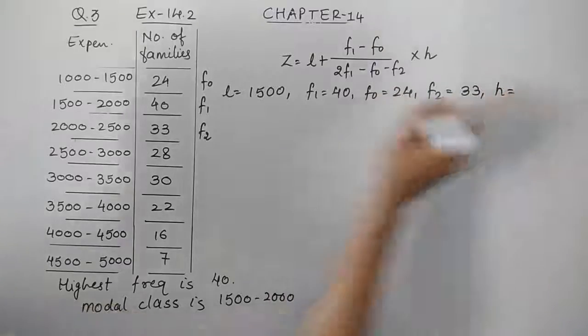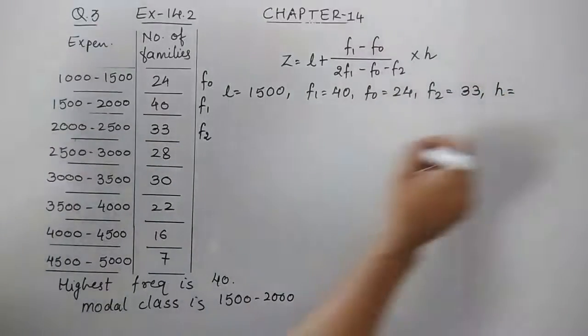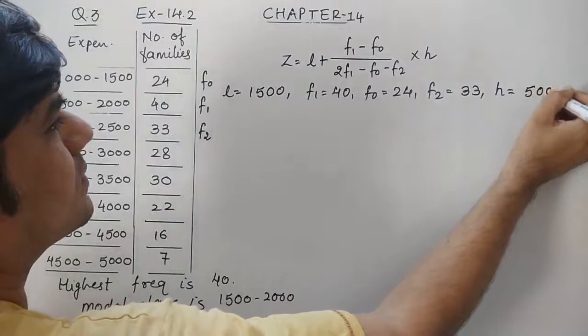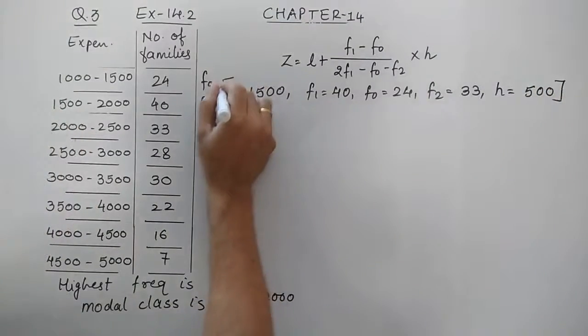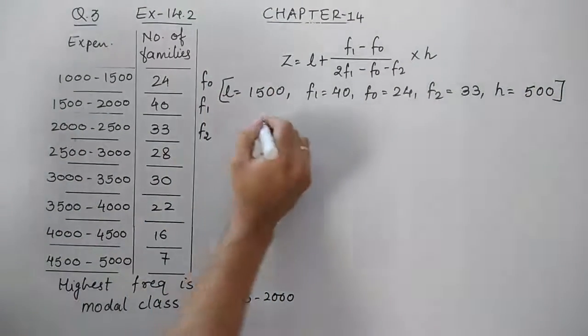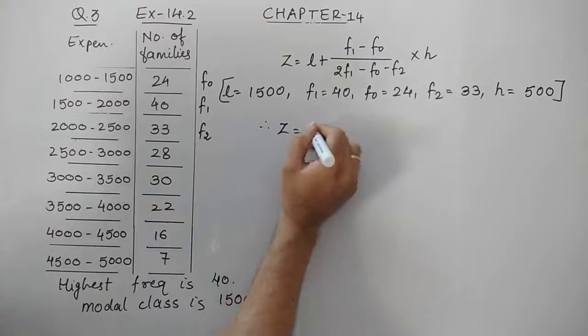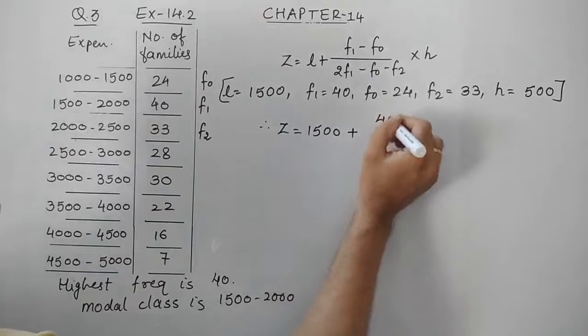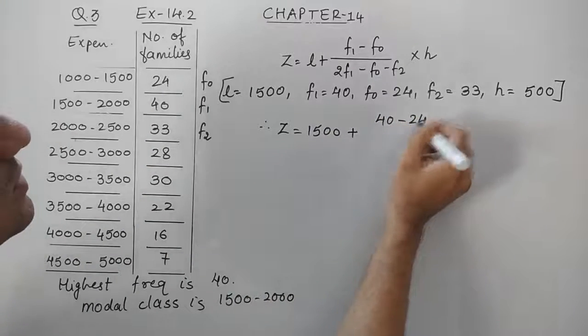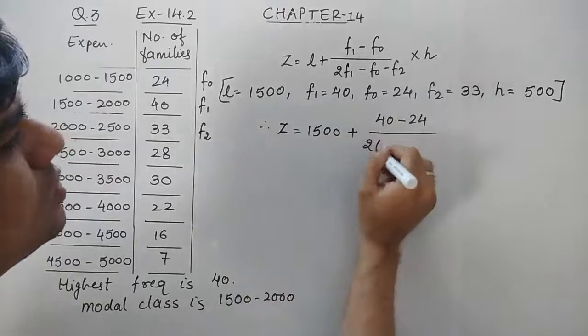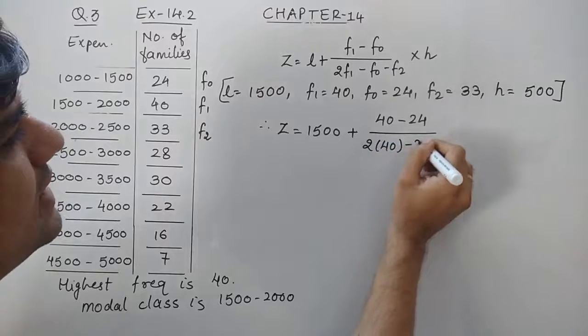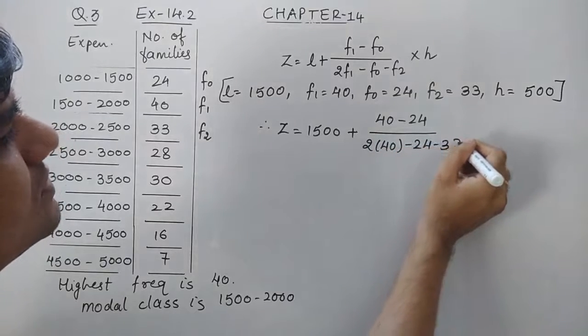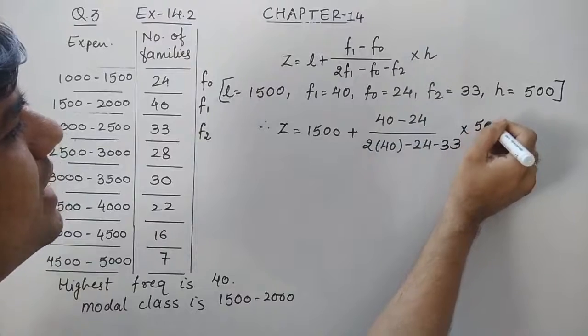The value H, that is the class difference, is 500. Using all these values, substitute into the formula. Z is equal to L plus F1 minus F0 upon 2F1 minus F0 minus F2, into H.